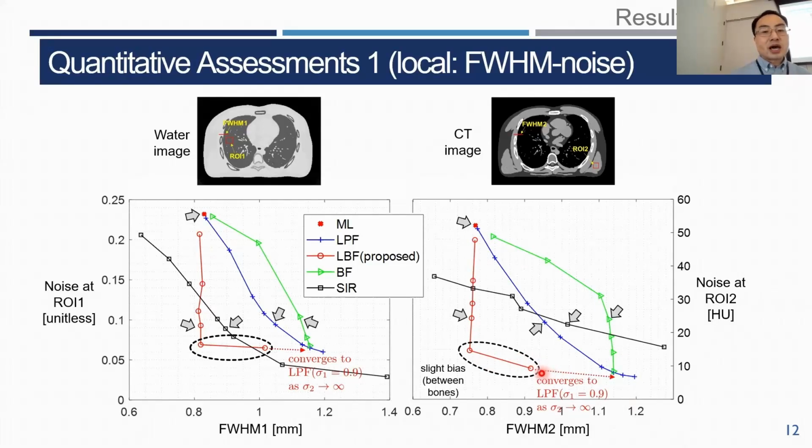Note that I stopped the parameter sweep at this point, but eventually it will converge to the LPF with the same sigma value, but I didn't do that. I marked like this because I found there's some slight bias between bones in the average image, but in a single noise trial I wouldn't find it, but anyway, I just marked it.